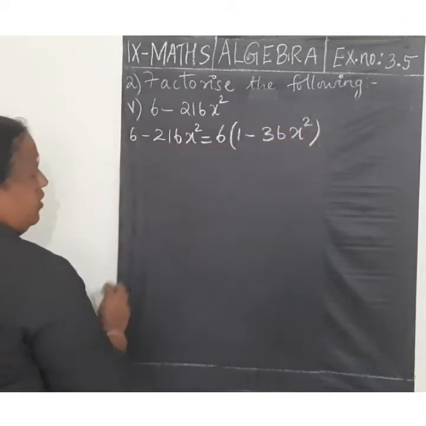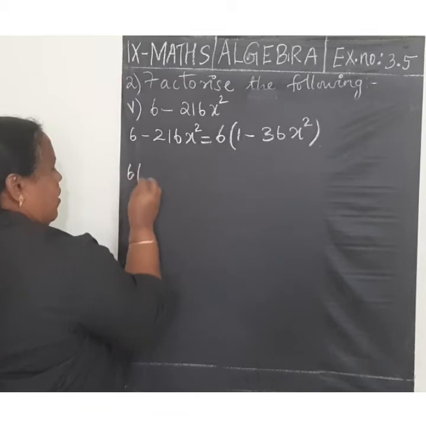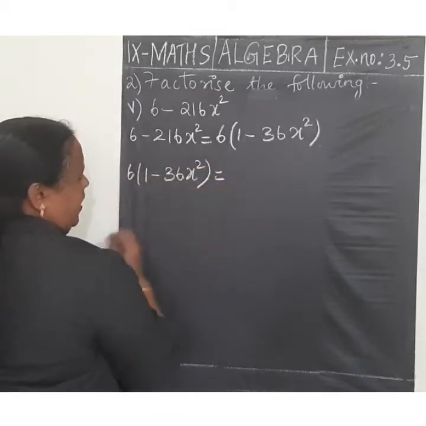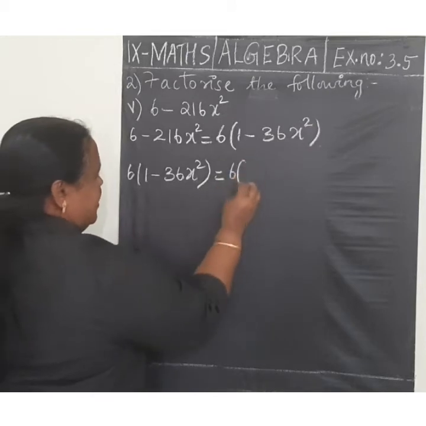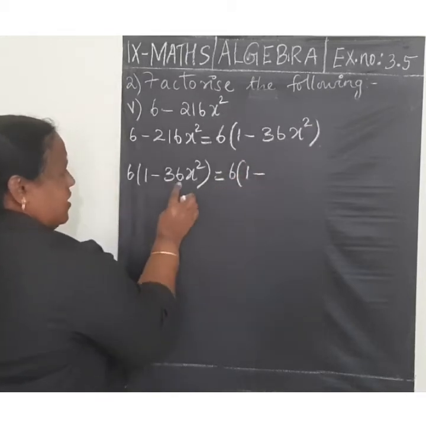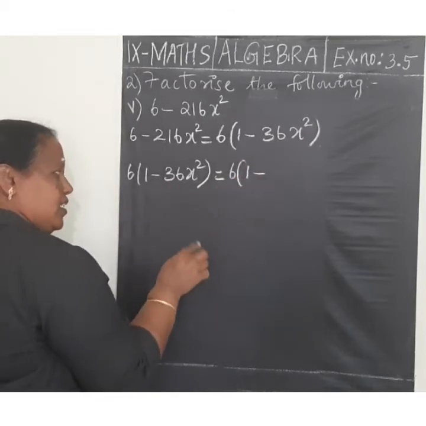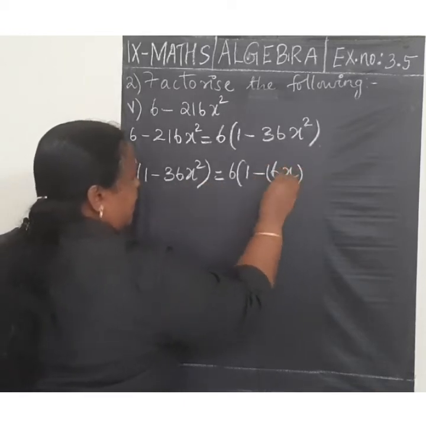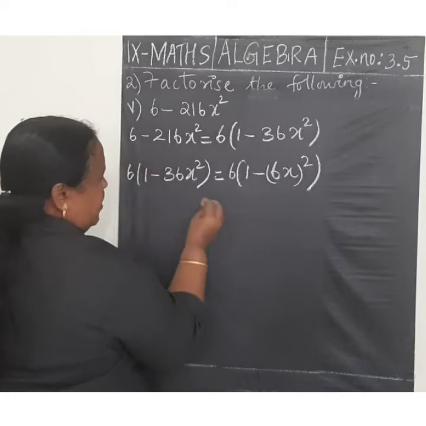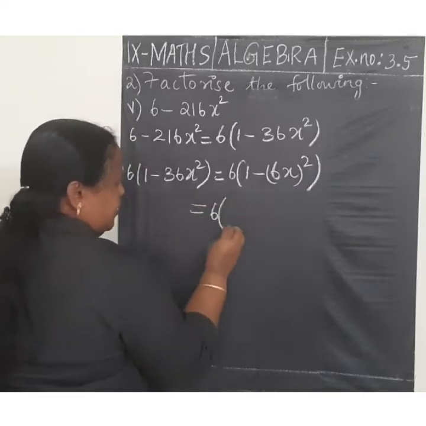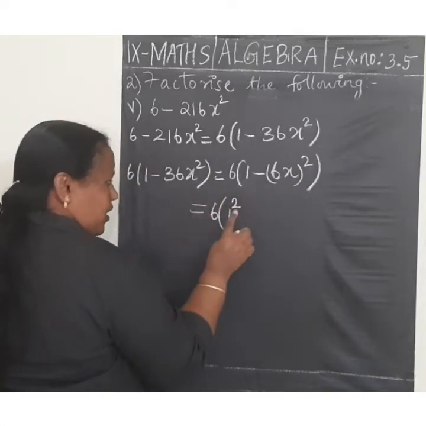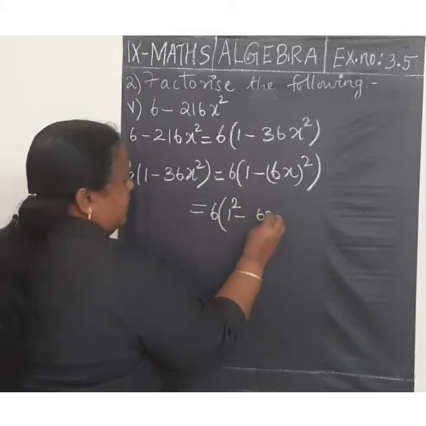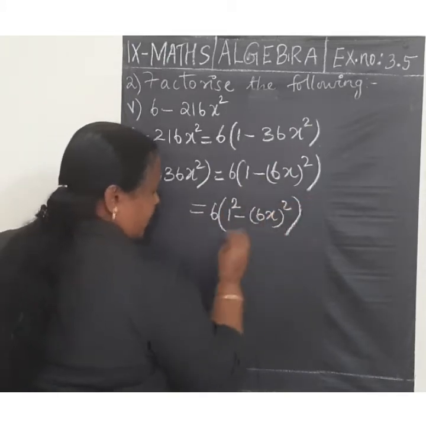So this 6 into 1 minus 36 x squared, we can write as 6 into 1 minus, 36 we can write as 6 squared, so 6x the whole squared. So again we write it as 6 into 1 squared, which is 1 only, 1 squared minus 6x the whole squared.